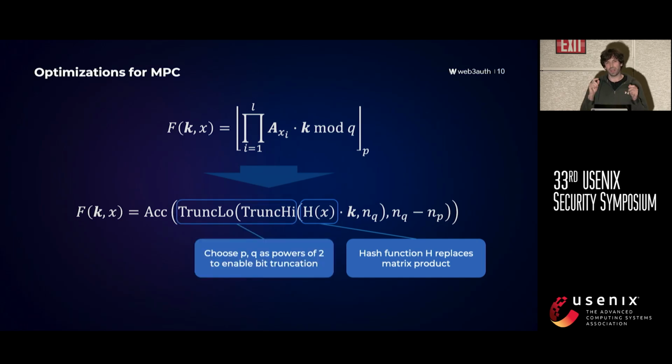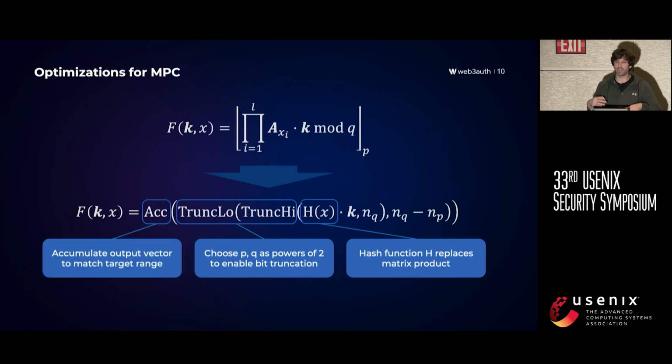If we take the parameters P and Q as powers of 2, it is not so hard to see that the modulo Q and the round P operation become bit truncation operations. So first you truncate the higher order bits, and then you truncate some of the lower order bits. And we will see that this will enable a very efficient implementation in MPC.